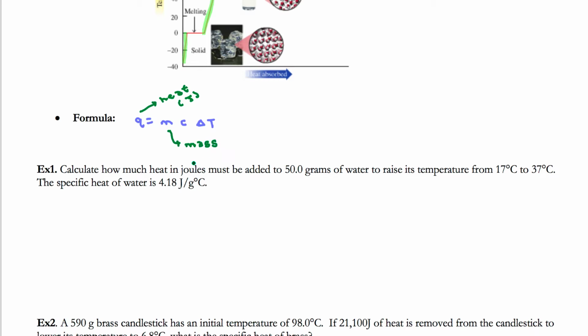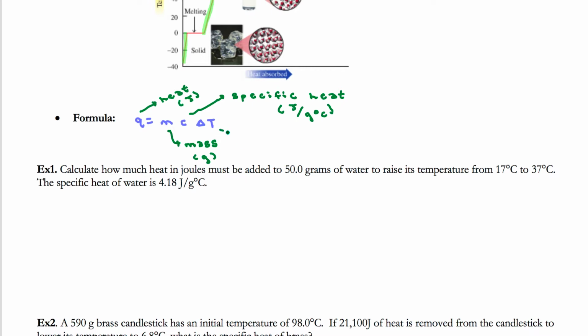And the units for that are grams. The new unit that we haven't discussed yet is your specific heat capacity. And your specific heat, its units are going to be joules per gram degree Celsius. And I'll explain that in just one second.